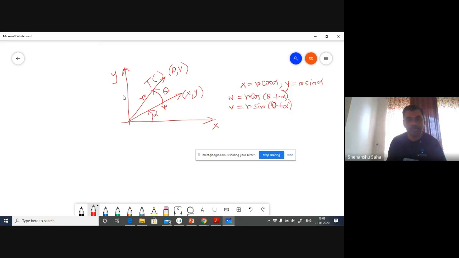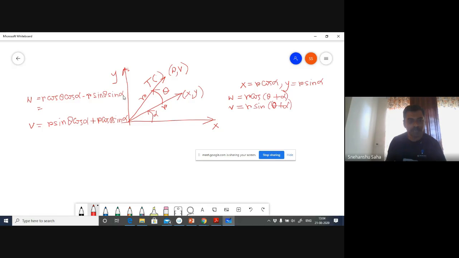Now, if I expand this out, w is r cosine of theta cosine of alpha minus r sine of theta sine of alpha, and v is r sine of theta cosine of alpha plus r cosine of theta sine of alpha. These are some trigonometric identities.